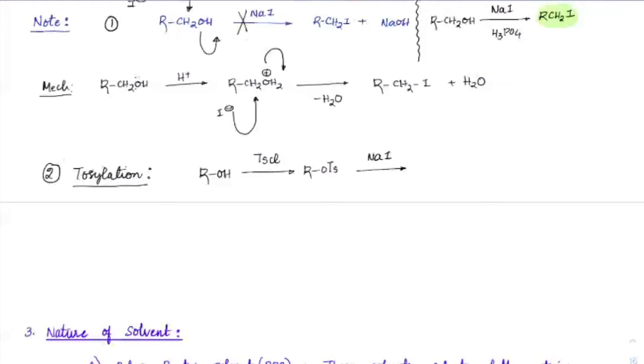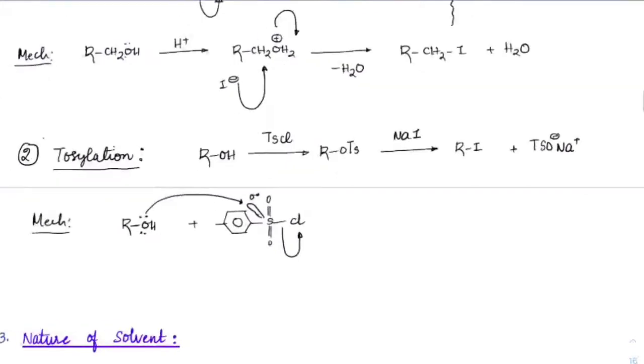Now let us see the mechanism, what is happening here. ROH, when you treat it with tosyl chloride, it would look like this: S double bond O and Cl. The lone pair of oxygen attacks the empty sigma star orbital of sulfur, thereby leaving chlorine.